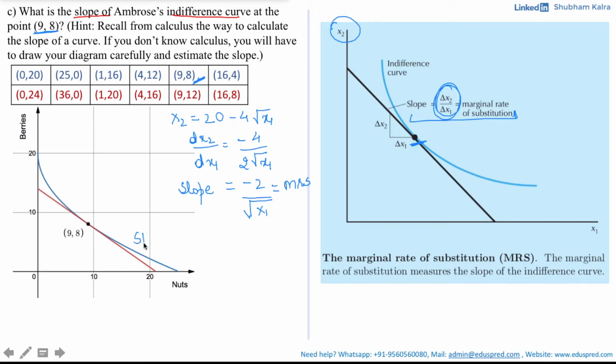So your slope at 9, 8 is minus 2 divided by square root of x1 evaluated at the point 9, 8. All we have to do is substitute the value of x1, as this expression consists only of x1. That would be minus 2 divided by square root of 9, which is minus 2 divided by 3. Thus, the slope of Ambrose's indifference curve at the point 9, 8 is minus 2 divided by 3.